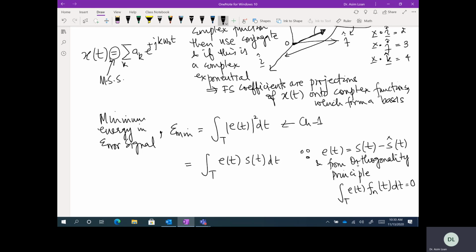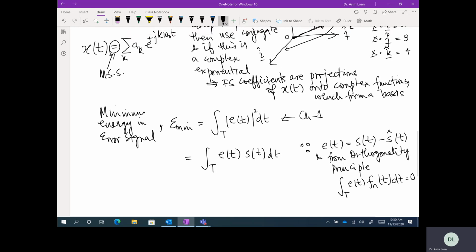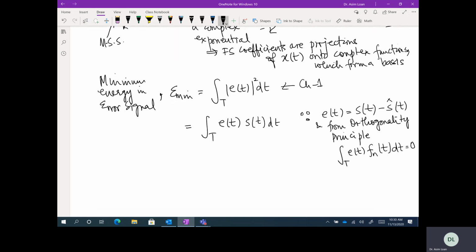So this projection is 0. Why? Because s hat of t is simply the sum of s k f k of t. If instead of s hat of t I put s k f k of t, then e of t times f k of t is obviously 0. So there is no inner product between e of t and s hat of t, because they are orthogonal. So this is the one that is the non-zero thing.